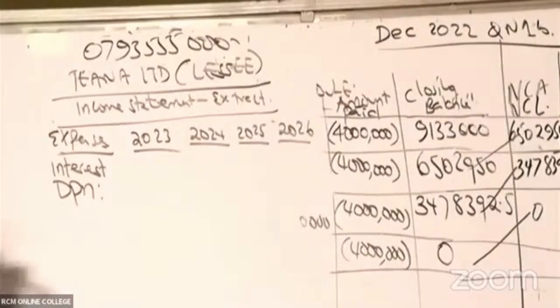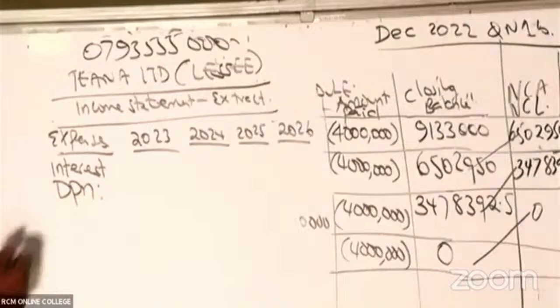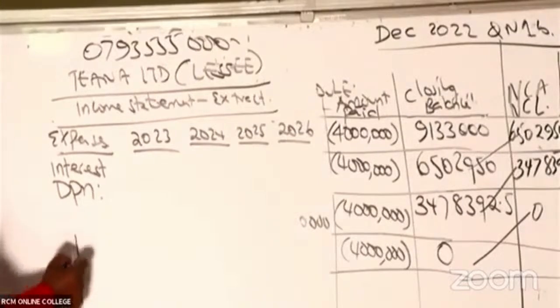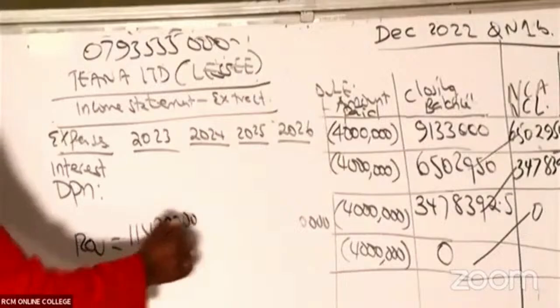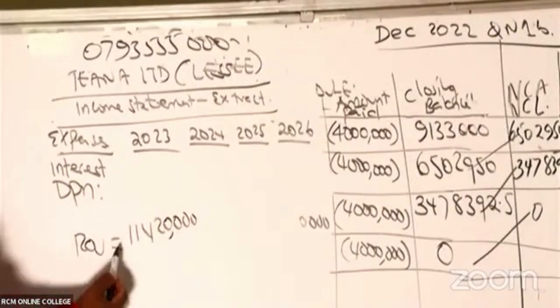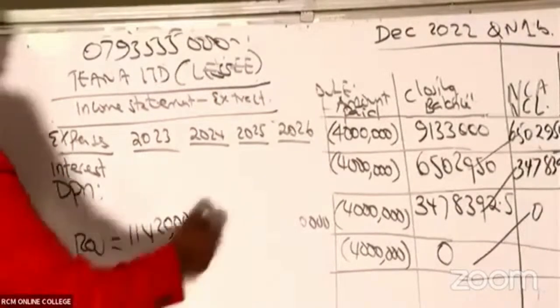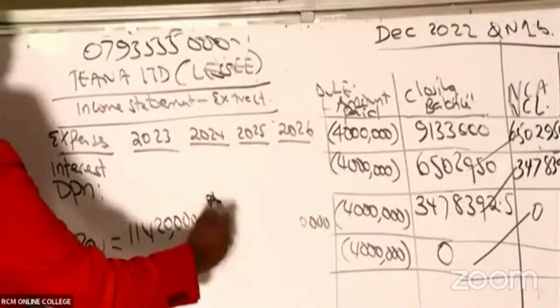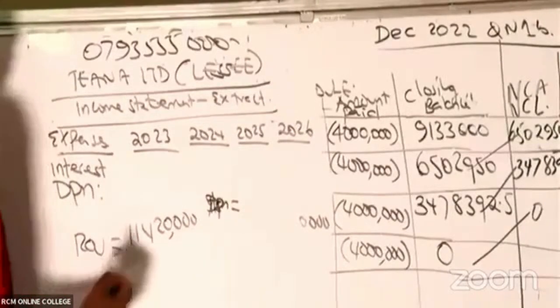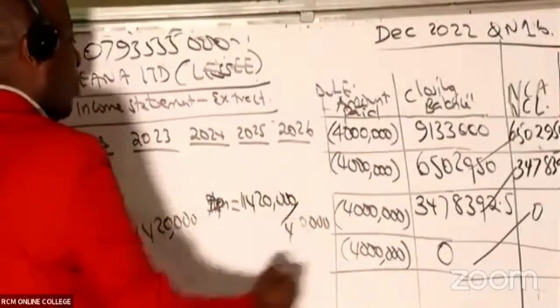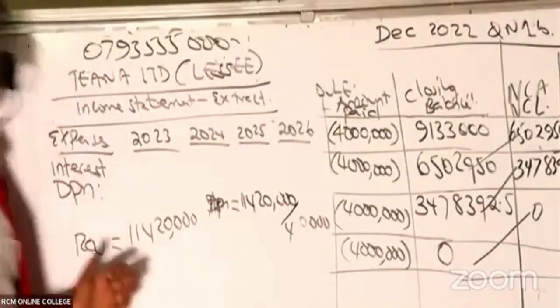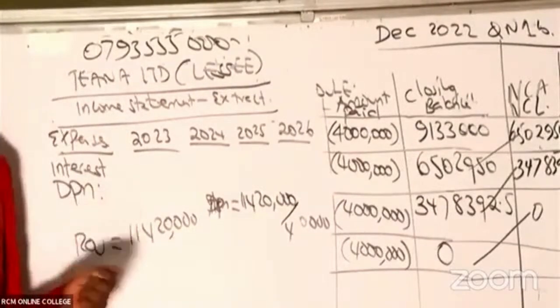Remember depreciation? We had 11,420,000 right of use. So right of use is your leased asset. The asset depreciation will be 11,420,000 divided by 4, because it is the straight line method.